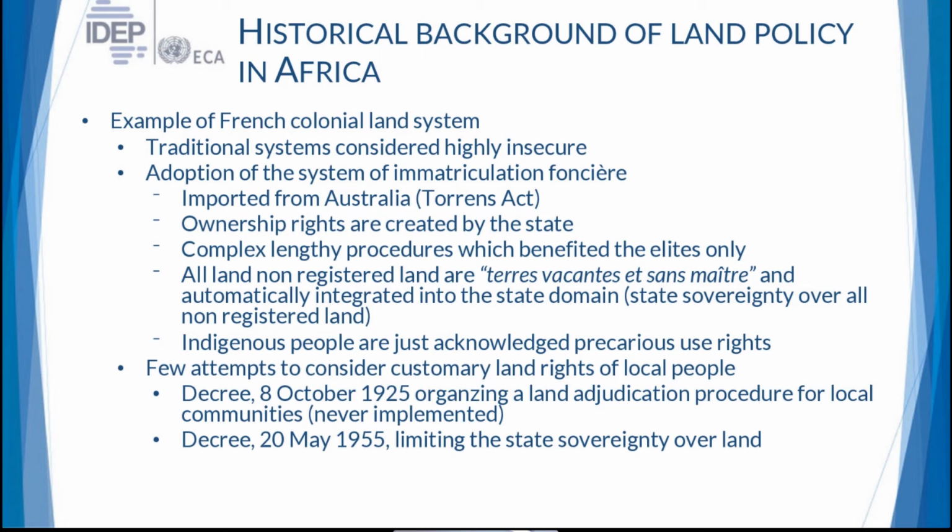Only the state owns titled lands if they have been registered in the name of the state, and individuals might have private ownership of the land if they have titled their land, but any land which is not titled will just fall into the state land domain.